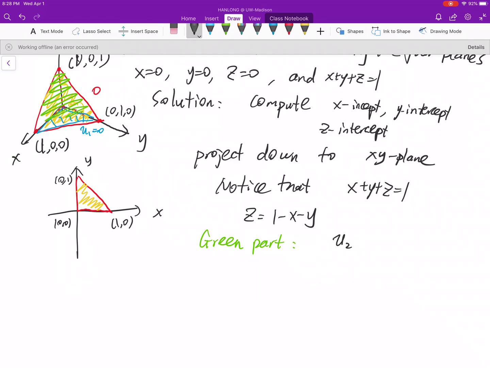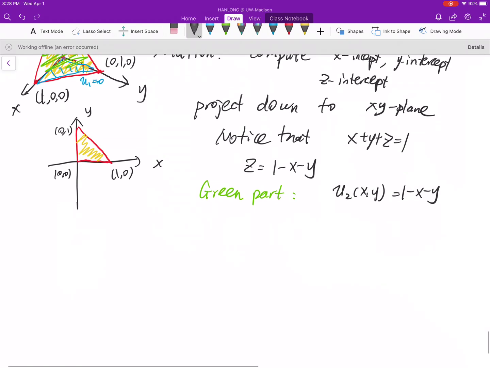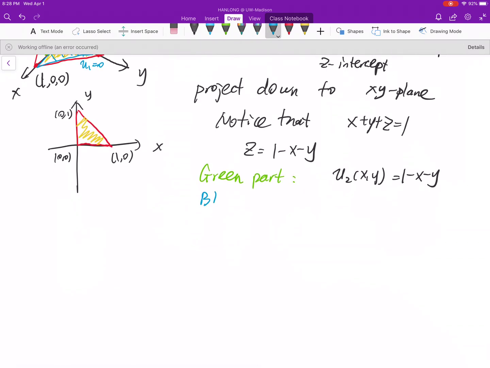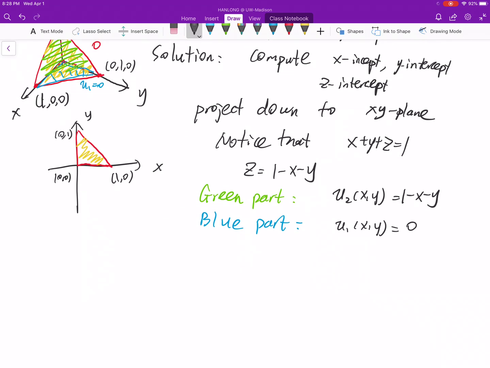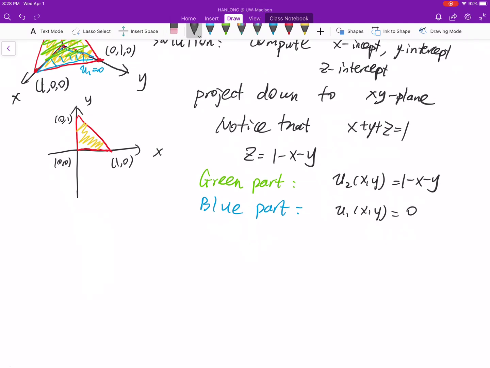So u2(x,y) is given by 1 minus x minus y. And then the blue part, u1(x,y) is given by 0. Okay, and if you want to know more about domain D, the projection, let's use this color.